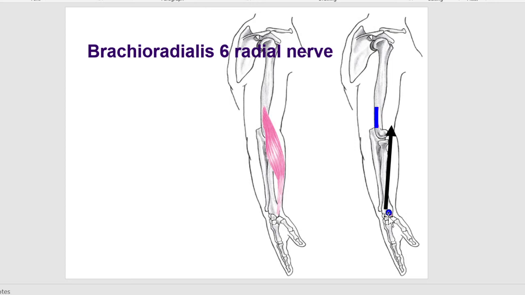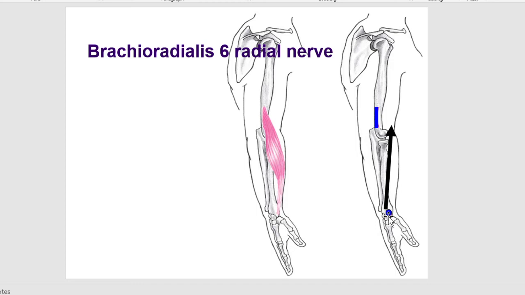But basically, when your forearm is in prone or in supine position, your brachioradialis is considered a stabilizer of the elbow joint. In what position of the forearm does the brachioradialis become active? When your forearm is in neutral position. That's the time that your brachioradialis muscle is active.